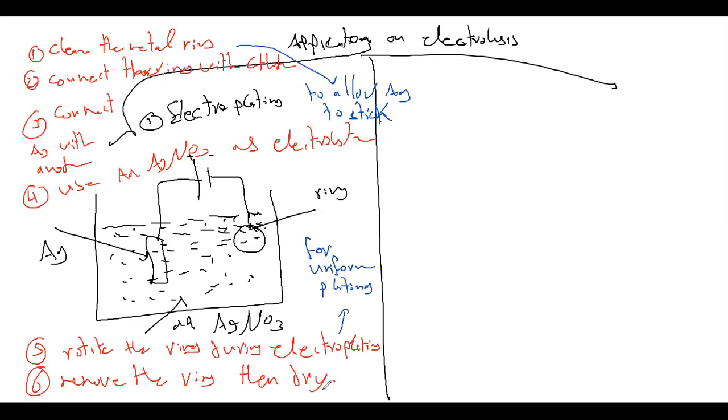If we didn't rotate, it would not be uniform. We didn't use it frequently, we'll need recoating.